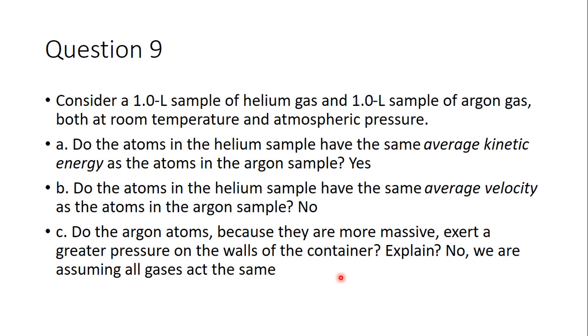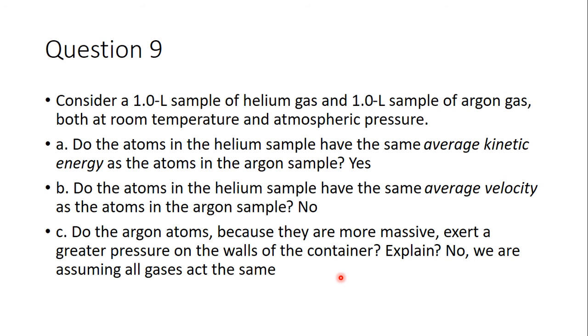Last, argon's bigger, so it's more massive. Do they exert a greater pressure? Intuitively, you might think yes. Big things exert greater pressure, but it's not true. This whole problem set, we've been talking about PV equals nRT: pressure times volume equals number of moles, gas constant, temperature. Not once did we really care what the gas was when using PV equals nRT, because the ideal gas law works for any gas.